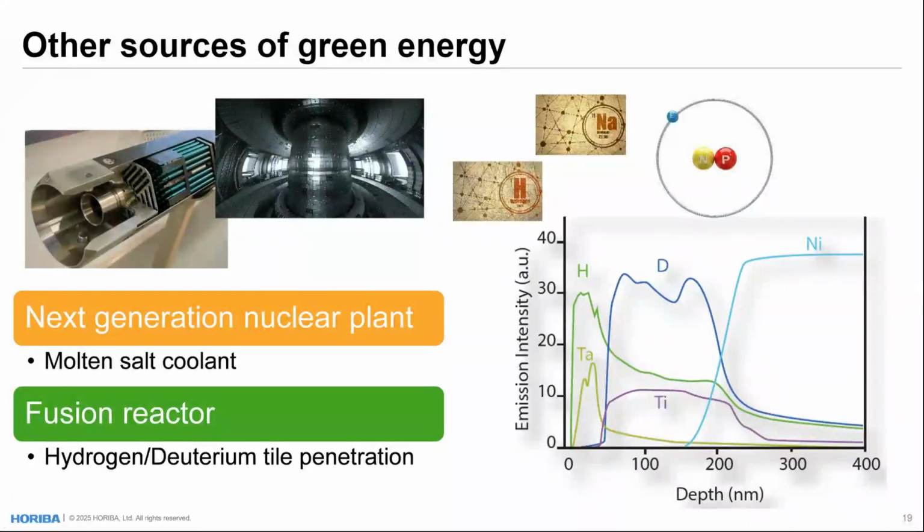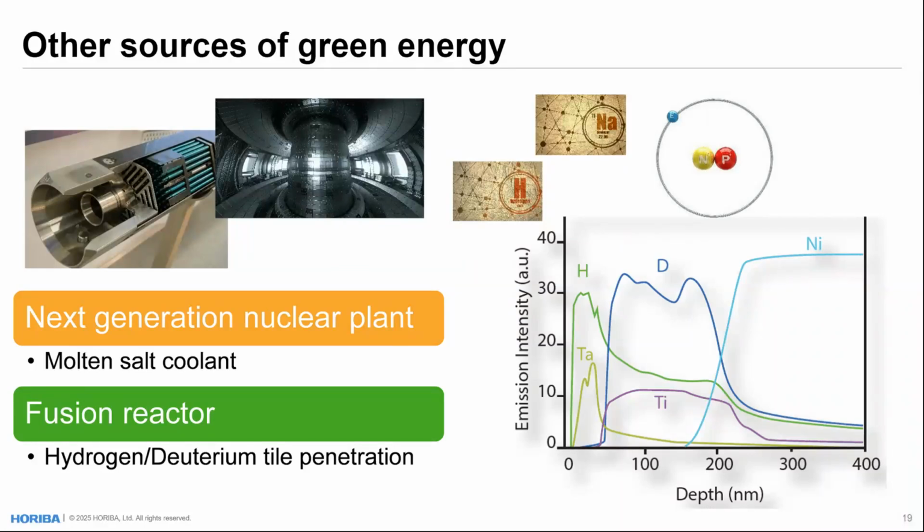So before I go to conclusion, I want to show you some other uses of GD in the energy sector. Actually, not only in lithium-ion battery and fuel cell, but also in nuclear facilities and nuclear energy plants, GD-OES can help.